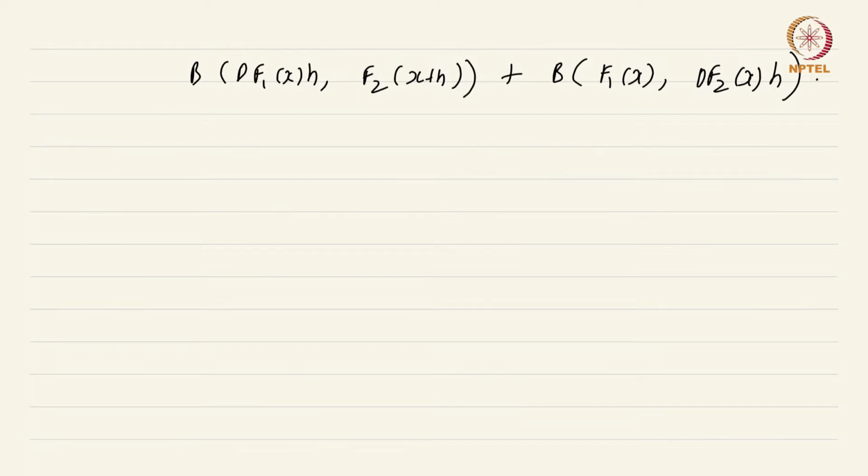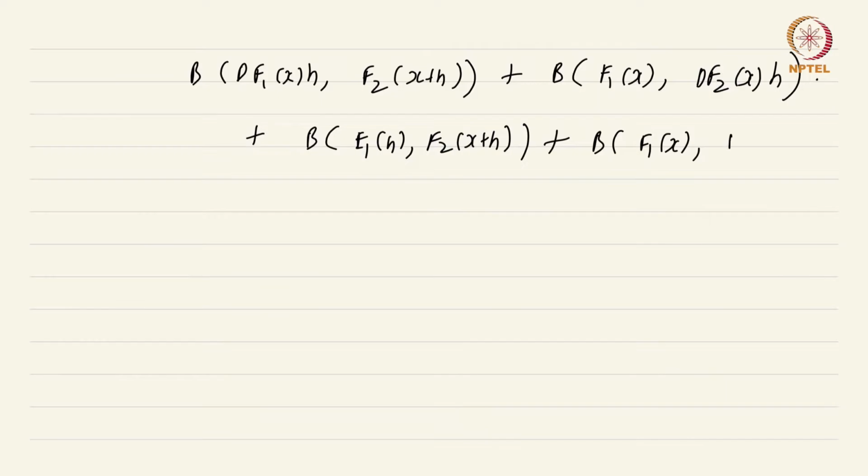Okay, and of course I must add the error terms, so you will get B of e1h, comma f2 of x plus h. Of course I'm tacitly applying the bilinearity, plus B of f1x, comma e2h. So I have combined two steps. I have expanded out f1 of x plus h minus f1 of x and f2 of x plus h minus f2 of x and applied bilinearity.